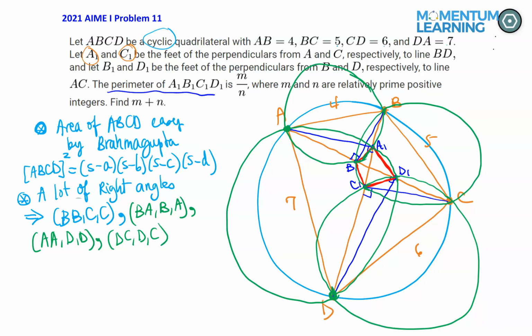And so far we have 5 circles, including the circumcircle of our cyclic quadrilateral ABCD. Whenever you have a lot of circles in a figure, that's very good for angle chasing, especially for those of you who are preparing for Olympiad Math, or at least the junior Math Olympiad in the US.